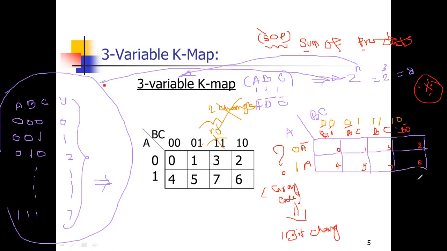So we write 0 here, 1, 2 here, 3, so automatically it can be adjusted.